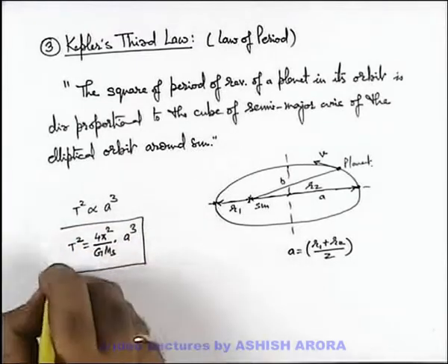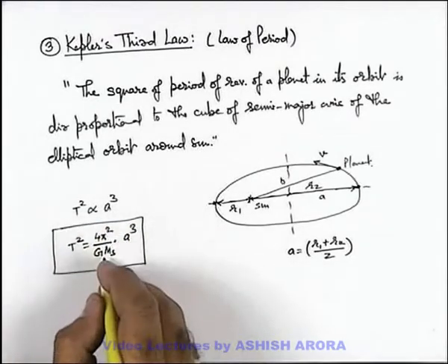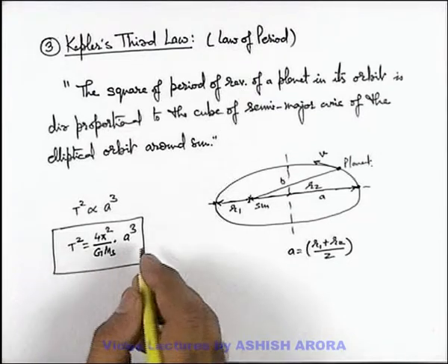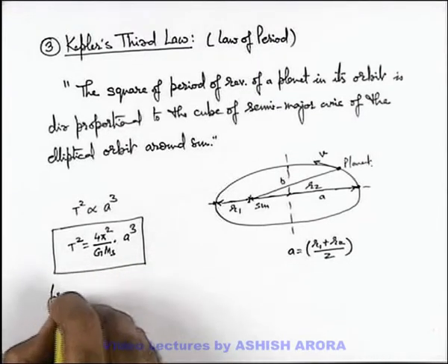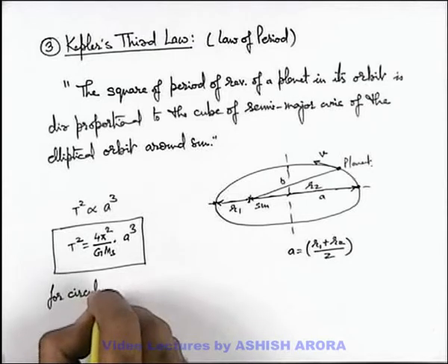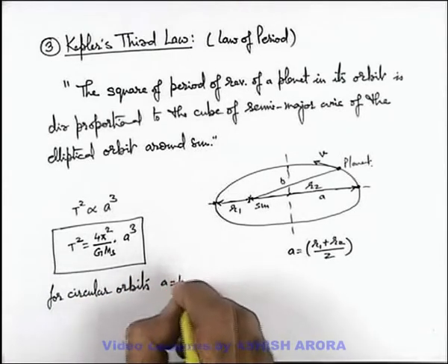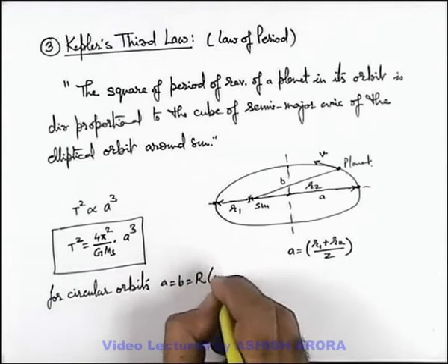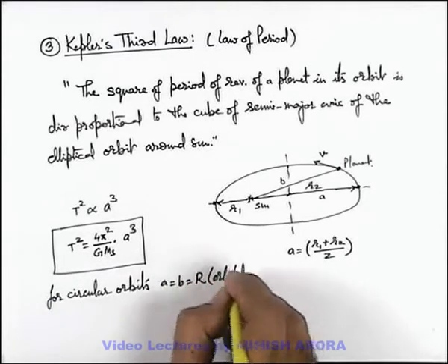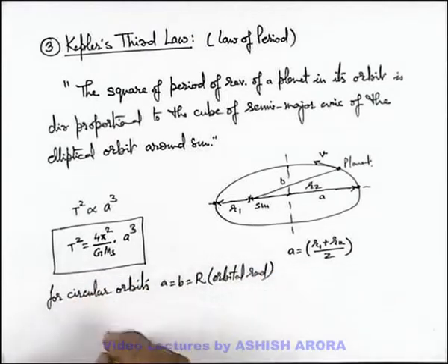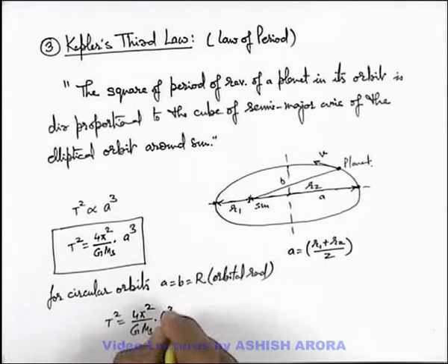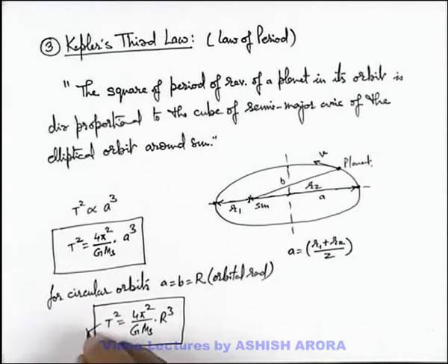So the constant of proportionality is 4 pi square by G Ms, and we can directly write for circular orbits a is equal to b is equal to r, which is the orbital radius. So T square can be written as 4 pi square by G Ms multiplied by r cube.